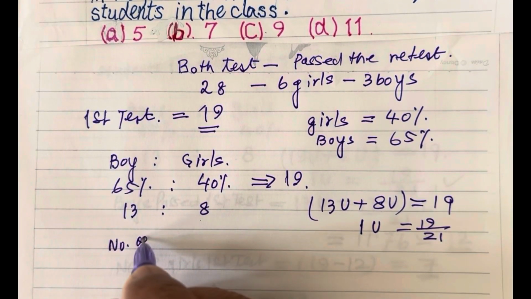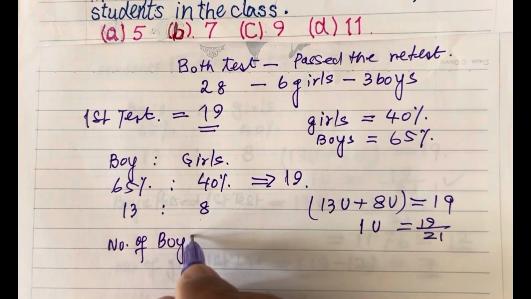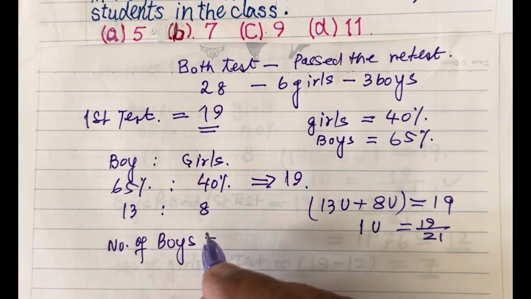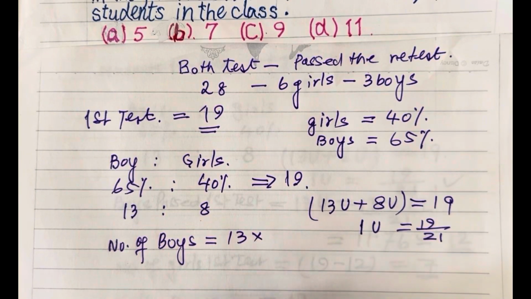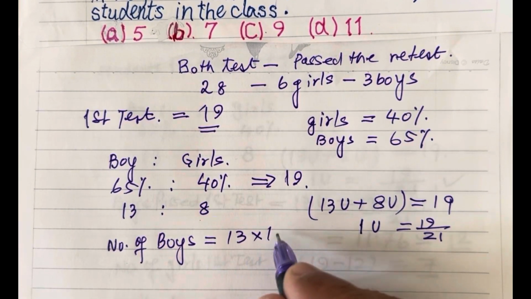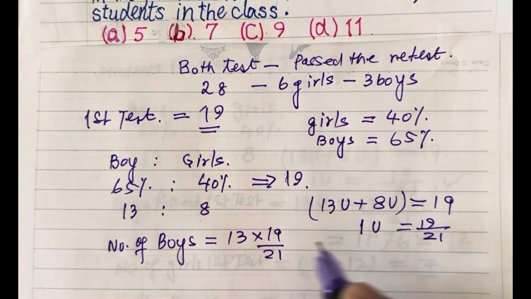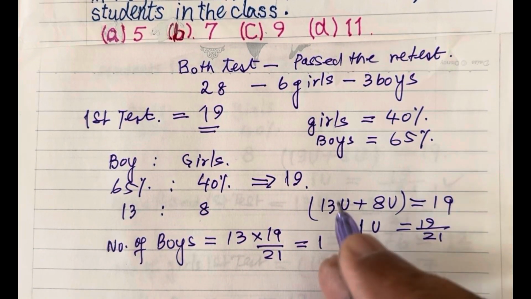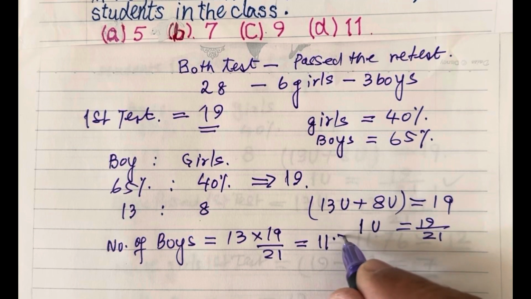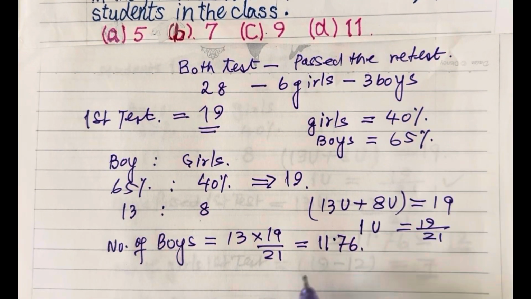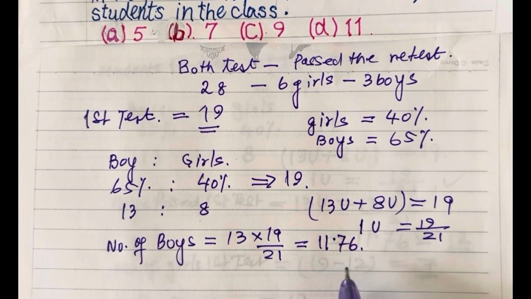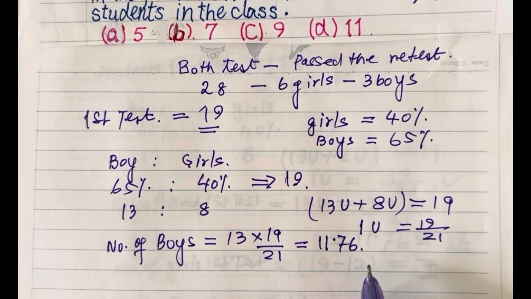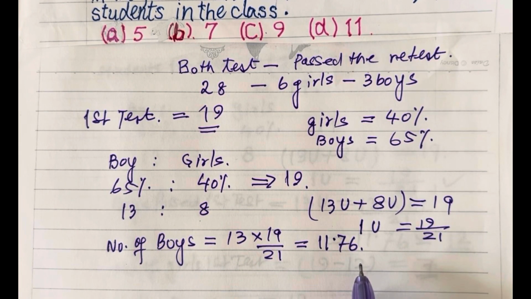So from this, now we can find the number of boys who have passed the first test. So the number of boys will be 13 multiplied by 19 over 21. So we get 11.76. Now 11.76 is a decimal figure. So boys cannot be in decimal. Their number should be a whole number.